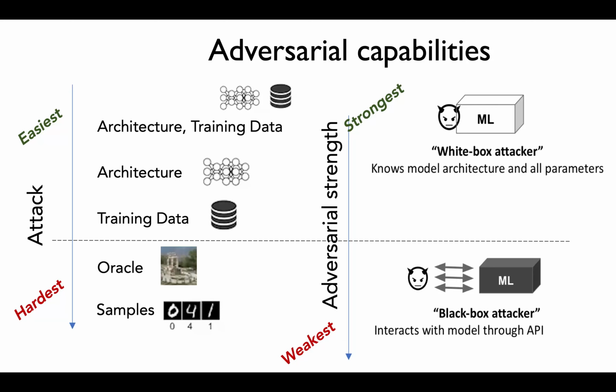And if you're able to demonstrate an attack in this setting, the attack is considered to be more powerful. But when you are proposing a defense, then it is common to assume an adversary that is a white box attacker, because then you are able to show that your defense works well even in the case your adversary is a powerful one.